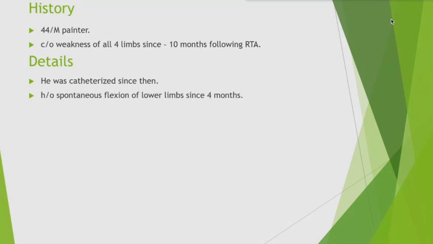He was catheterized since then. Now he has got spontaneous flexion of lower limbs. What do you make out of that? For 4 months. It is an ascending paralysis. When you get spontaneous sudden flexion of lower limbs whenever you touch any part of the lower limb, what do you call that situation?